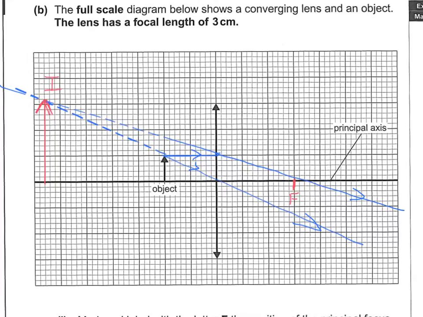So we add in our image and label it as we were required to do. We were also asked to put arrows on to show the direction of light travel in both of these cases.